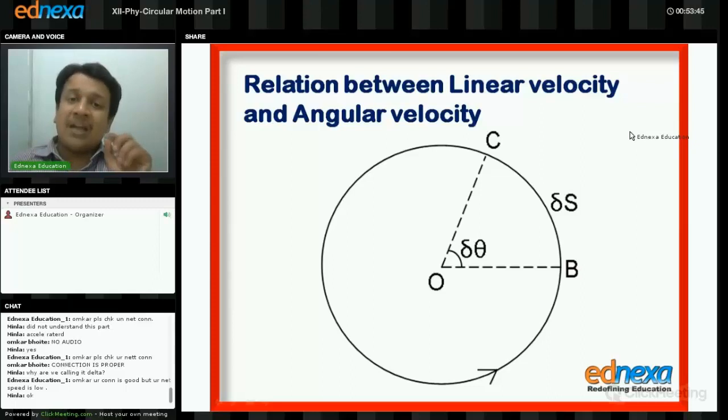Consider a particle performing UCM in the anti-clockwise sense as shown in the diagram.